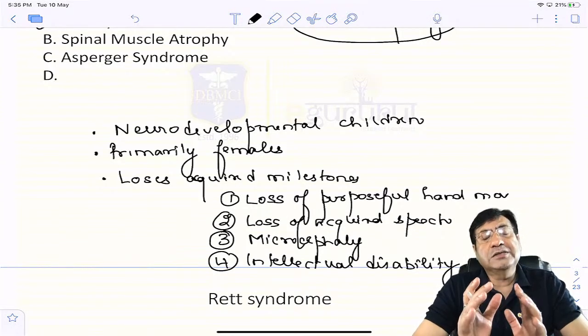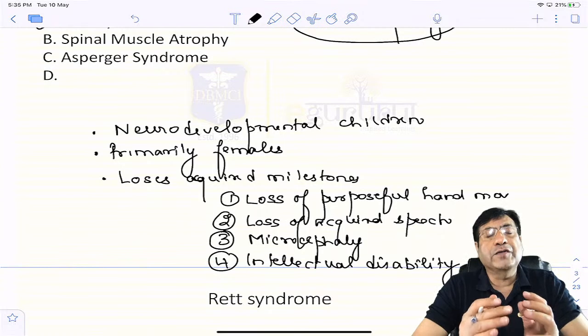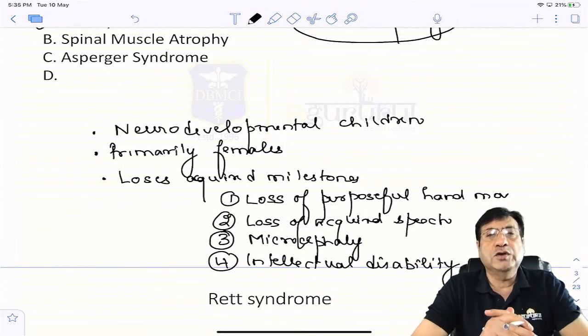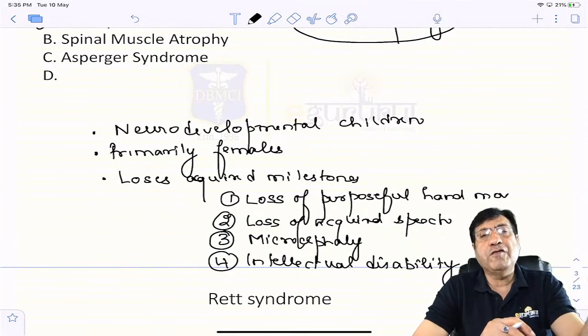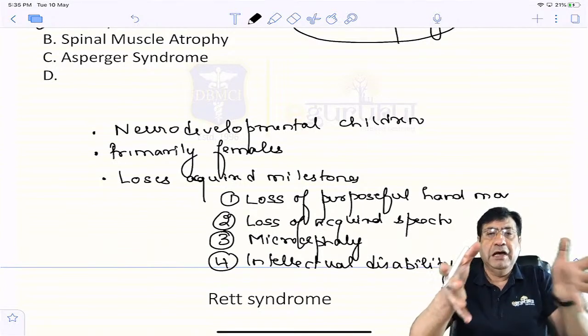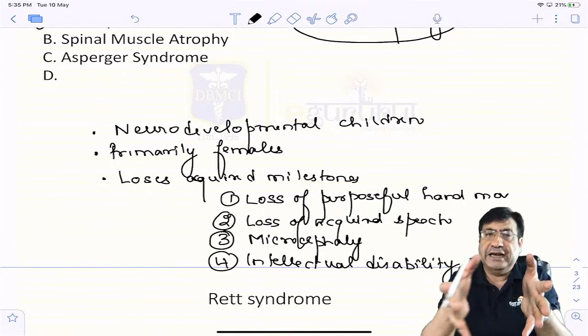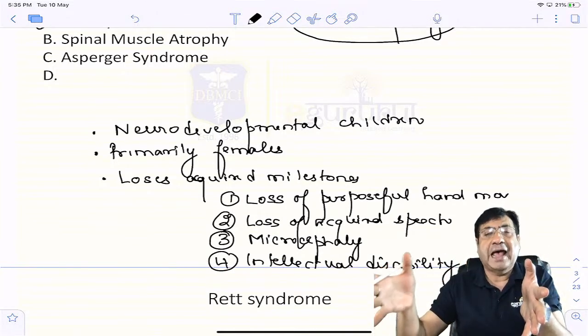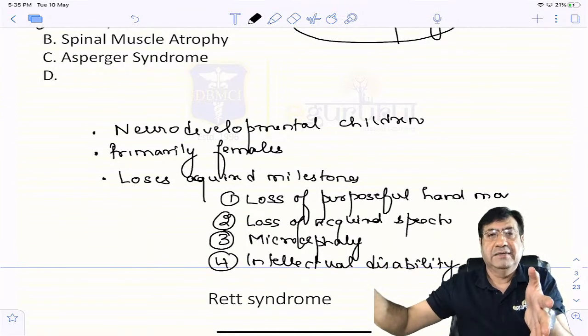Rett syndrome is one of the most common causes of intellectual disability or mental retardation in girls. In fact, there is a combination of microcephaly and loss of previously acquired milestones. So there is a state when the child is developing milestones normally, followed by a state of regression of the milestones, and then a static state.